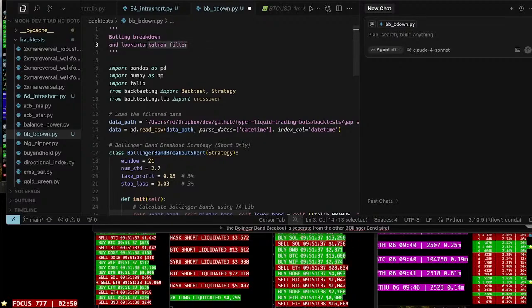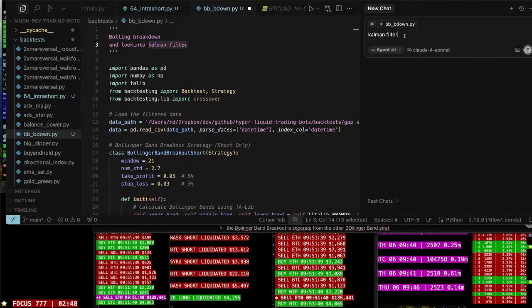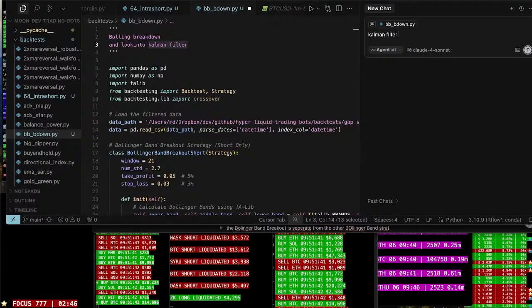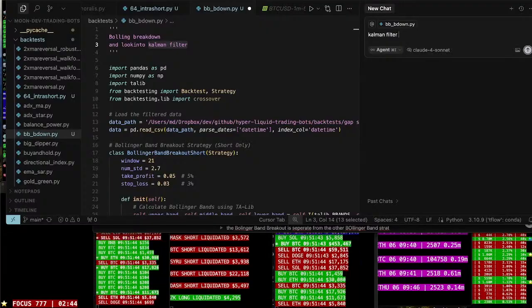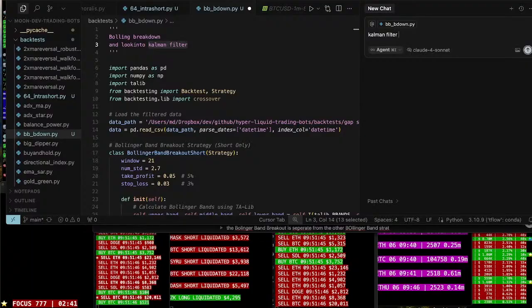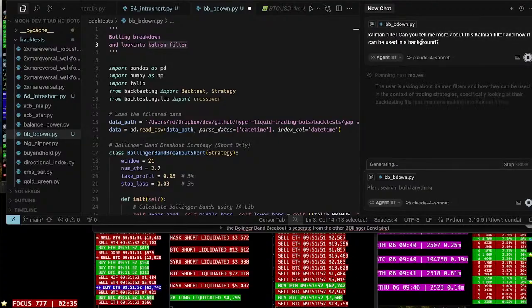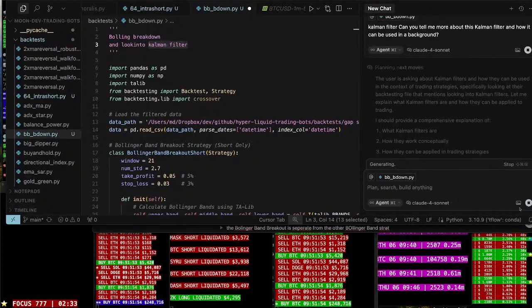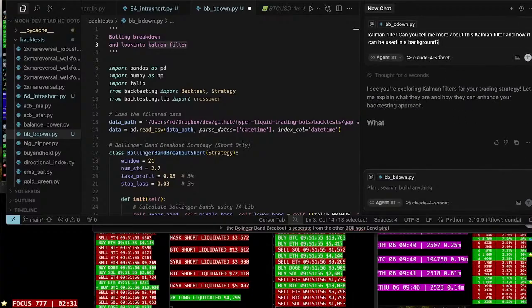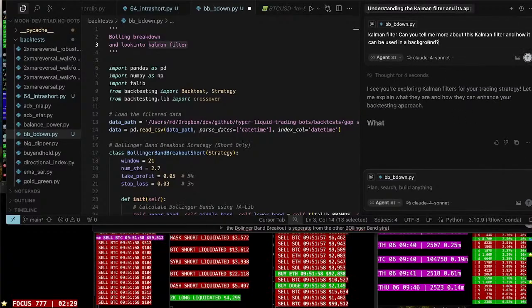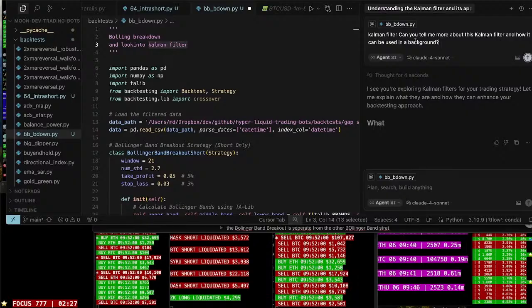Kalman filter? I don't know how to say it, but can you tell me more about this Kalman filter and how it can be used in a backtest? In a strategy.